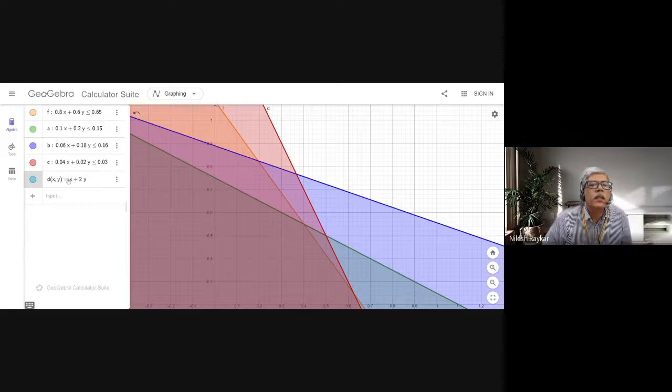Okay, he has already done that. So just write x plus 2y equal to k. Before that, you have to define k. So put k equal to anything, maybe 0 is also okay. And then put x plus 2y equal to k.